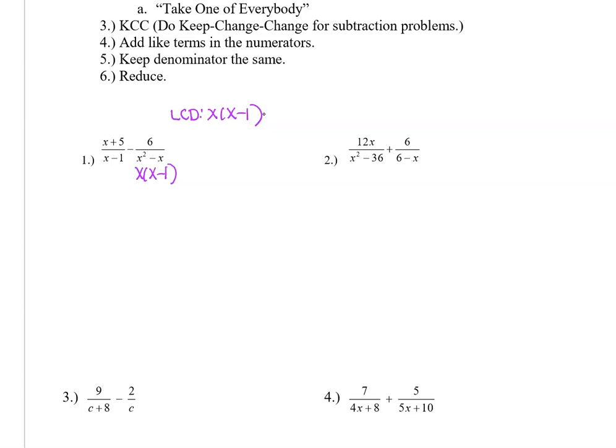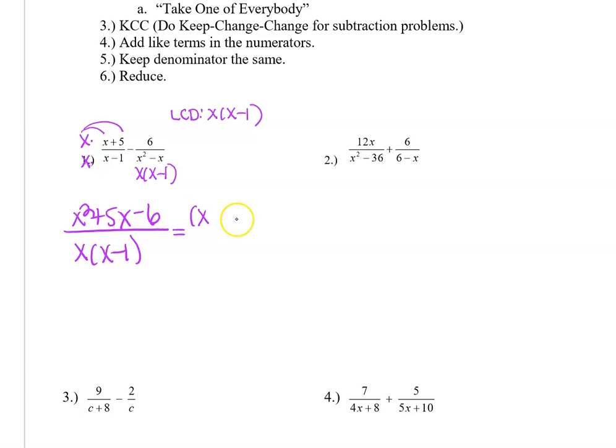So I'm really taking one of each of the factors in the bottom that I'm seeing. So this second fraction already has the common denominator, but the first one would need one. We need an x. So in doing so, x times x plus 5 is x squared plus 5x, and then minus 6, all over our new common denominator, x times x minus 1.